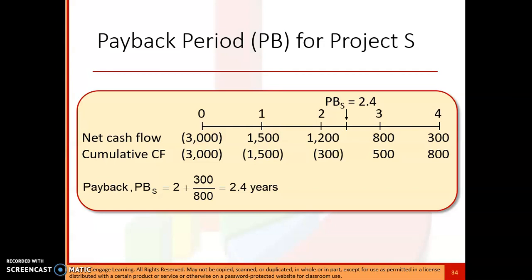So if we're looking at project S, we had a $3,000 outflow, $1,500 inflow, so that we got half our money back, then we received $1,200. So there's $300 left to recoup in year 3. So that's 2 years plus 300 divided by 800, or 2.4 years.